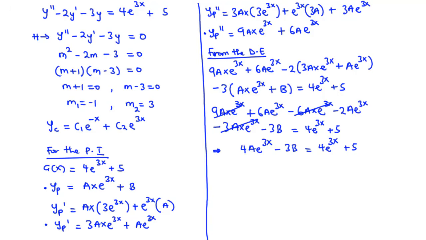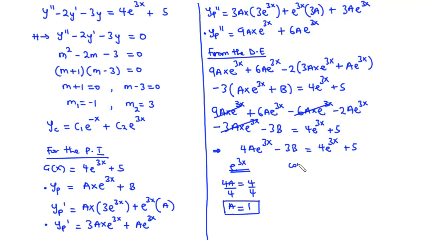Now comparing coefficients of e^(3x) and then the constant. For e^(3x), we have 4a equals 4. We divide through by 4, and we have a equal to 1. So this is the value of a.